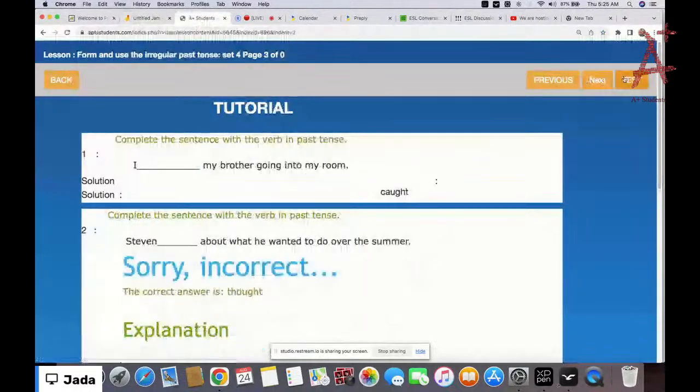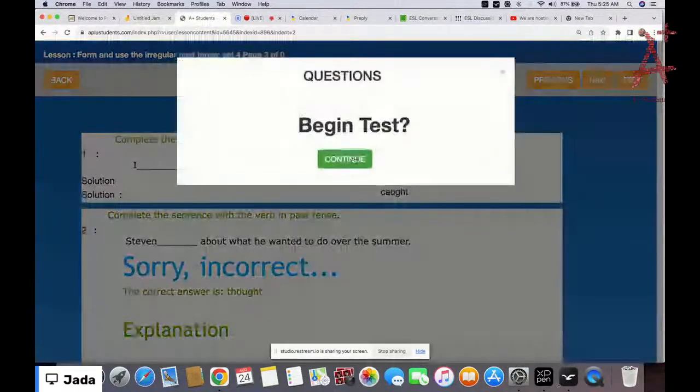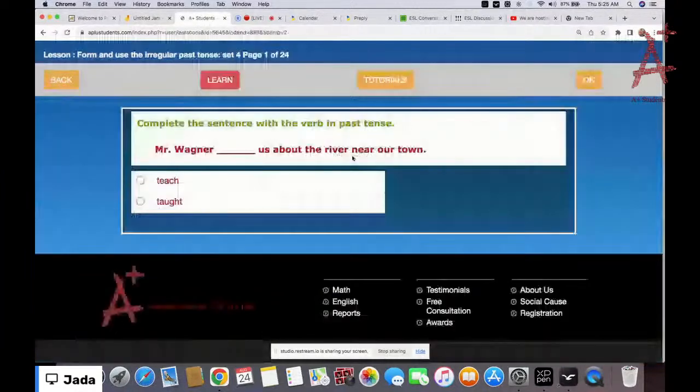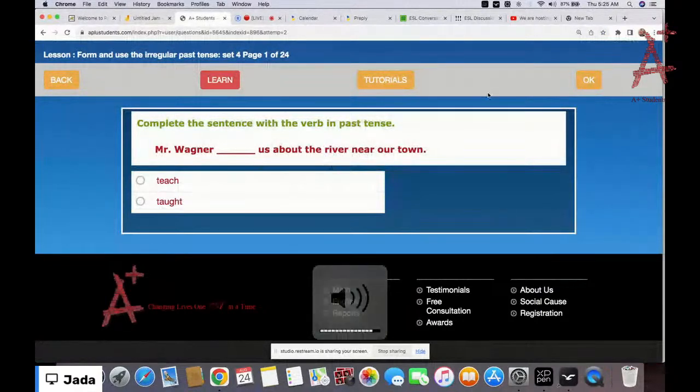So let's move on to the test now. Okay. Everyone send in your answers as we move to the test. Mr. Wagner dash us about the river near our town. Is it teach or taught? Teach or taught? Did he teach or he taught? So let's see your answers.